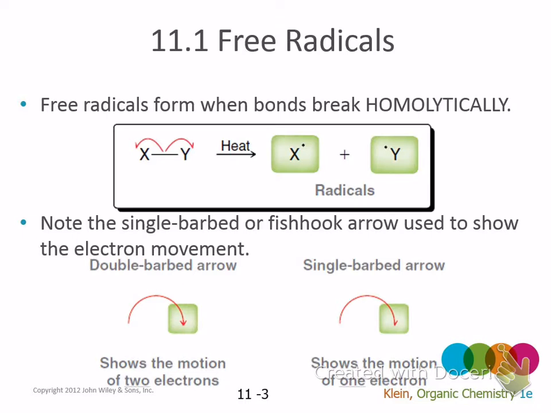We saw homolytic and heterolytic cleavage, and when we talk about homolytic cleavage, what we mean is one electron from the bond connecting two species like X and Y goes to each species.